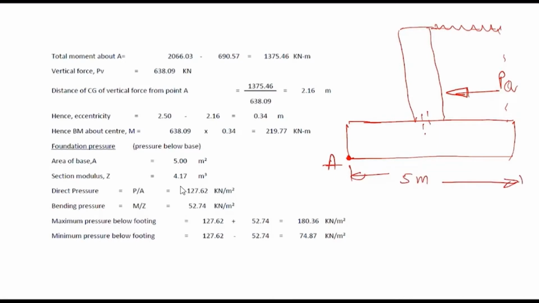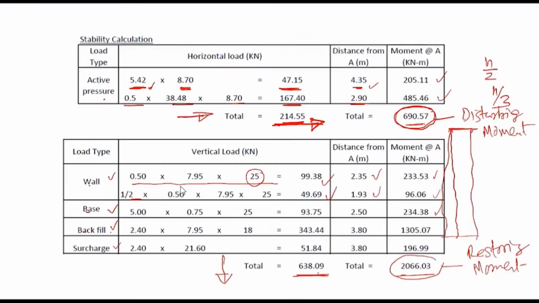We will calculate the moment about the centroid of this section, 2.5 meter from here. So the total moment about A is this one, the restoring moment, and this is the disturbing moment. So the net moment is this one. The total vertical force we have calculated from all these things: 638.09. This is the vertical force, and this is the horizontal force.